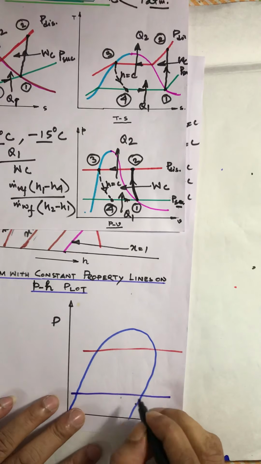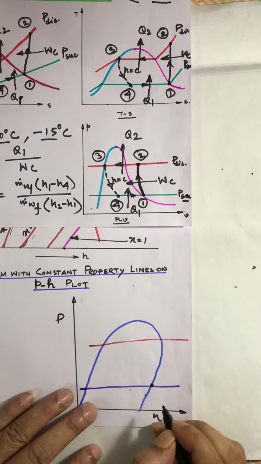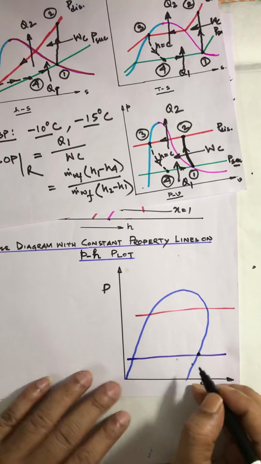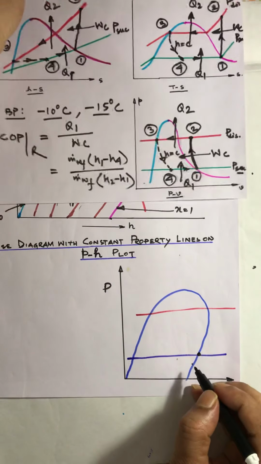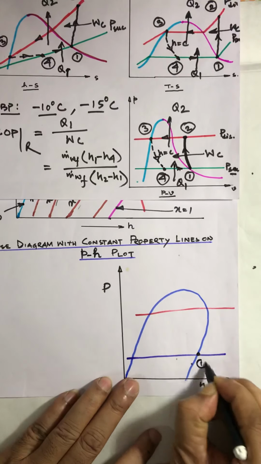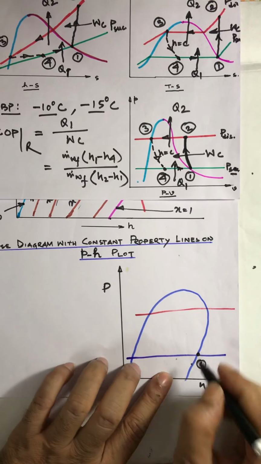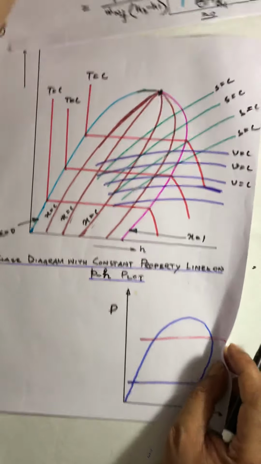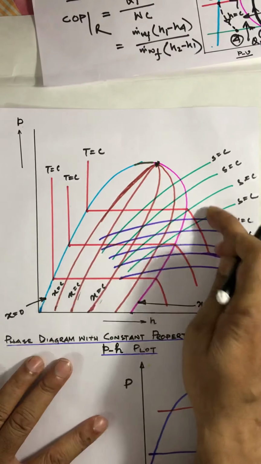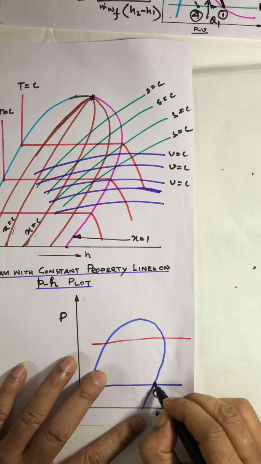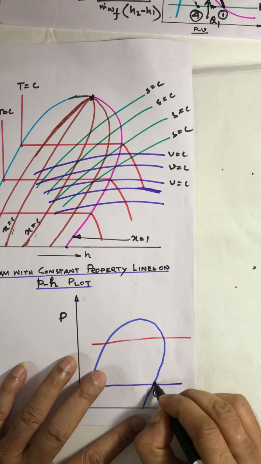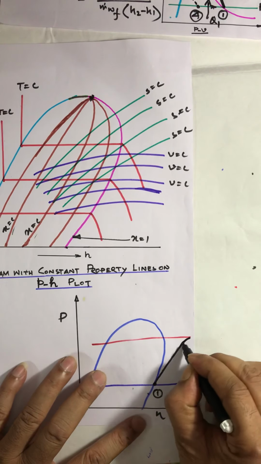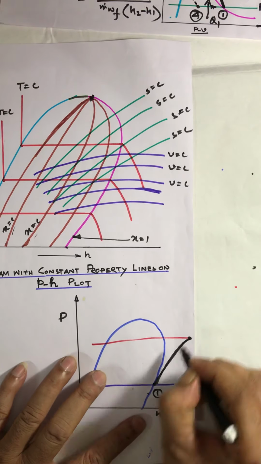Say the 1 to 2 process is isentropic. As we know, an isentropic line is an inclined line just like that. So here we can say this is the isentropic process, inclined.